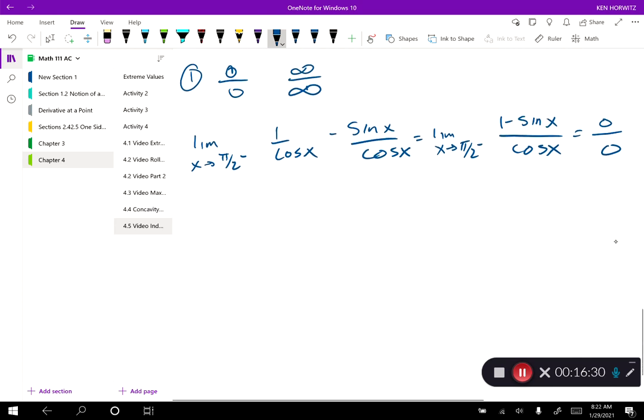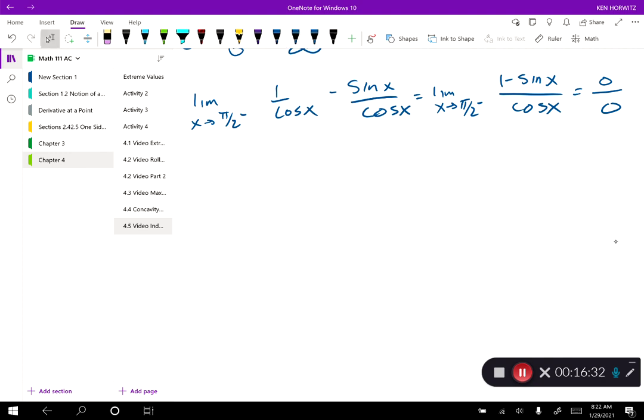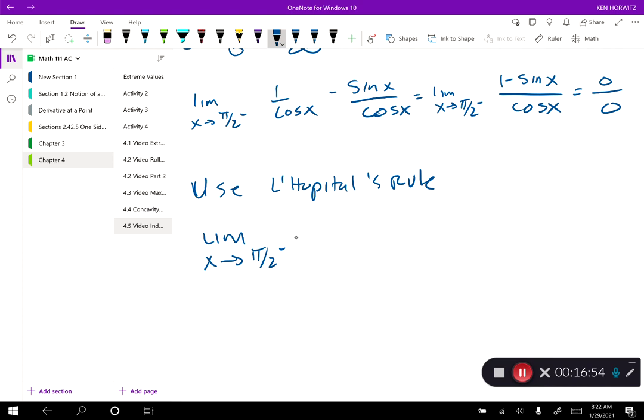All right? So the derivative of 1 minus sine x is, the limit as x approaches pi over 2 from the negative side. Derivative of 1 minus sine x, I got negative cosine x.